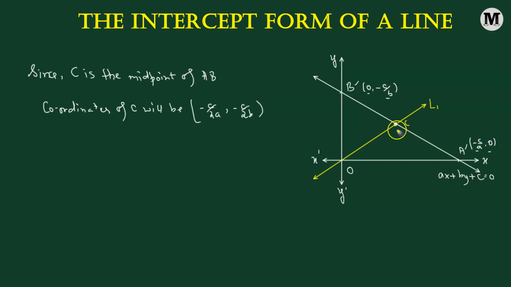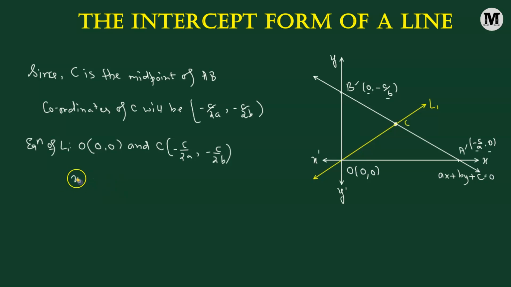Now the advantage of finding the coordinates of point C is that we also have the coordinates of the origin through which the line L1 passes, so we can use the two-point form to obtain the equation of line L1. We have the origin with coordinates 0, 0, and point C with coordinates negative c over 2a, negative c over 2b.